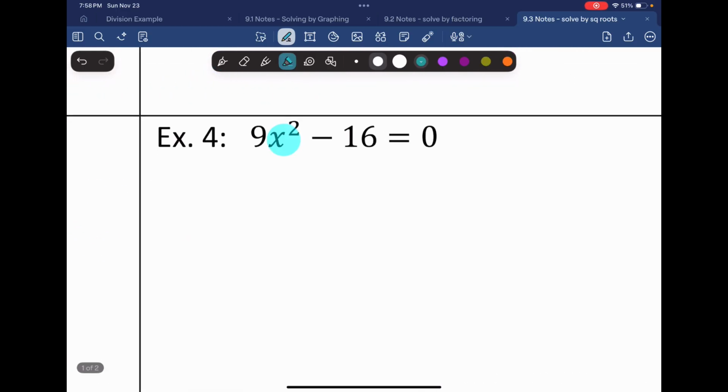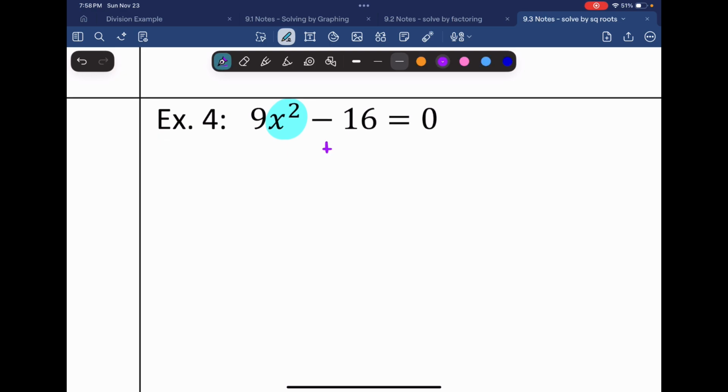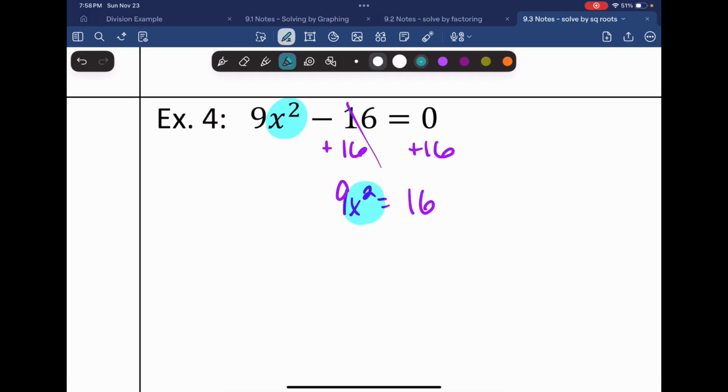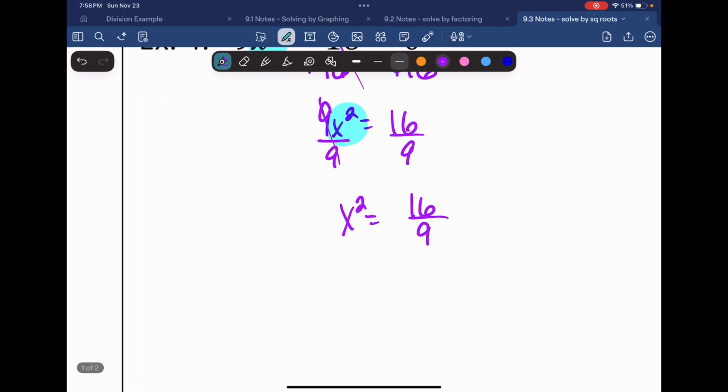Okay, this time the square is here, and you've got two things going on. You're going to add the 16 first. Your square is still attached to that 9. You're going to divide. Now 16 is not divisible by 9, so I'm going to leave it like this.